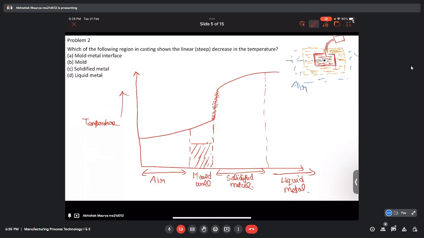Solidification starts near the mold walls, because the molten metal which comes in contact with the mold wall solidifies earlier, because the heat transfer happens quickly.